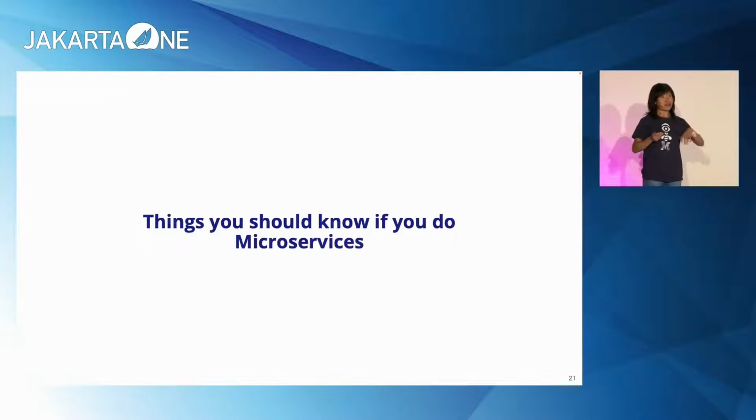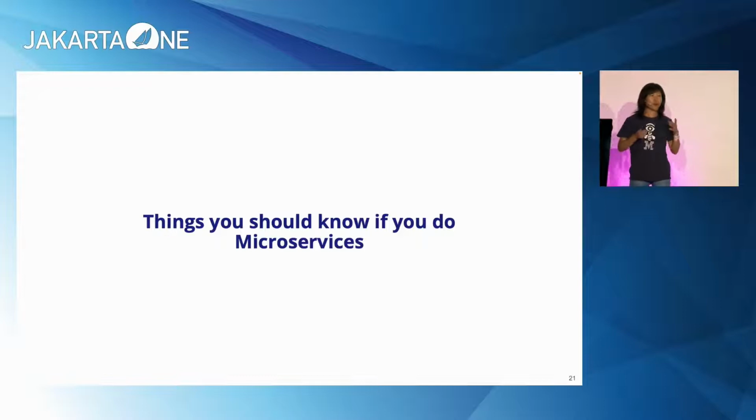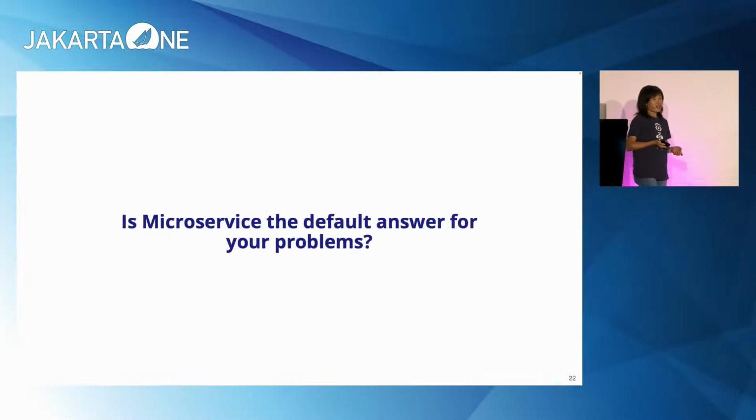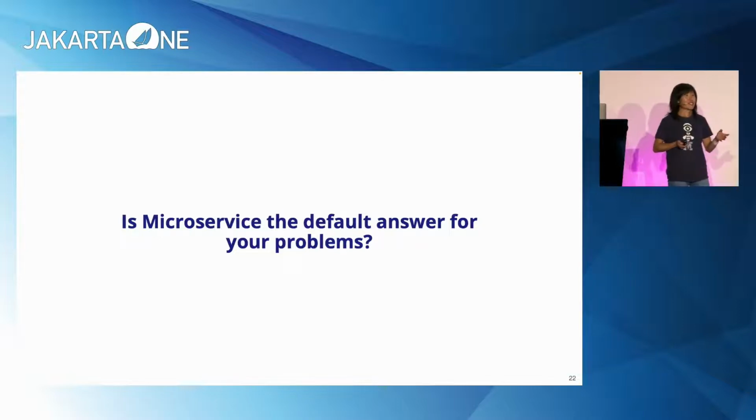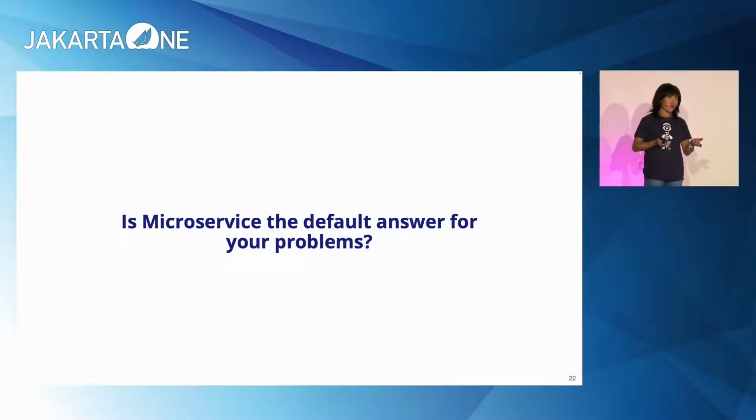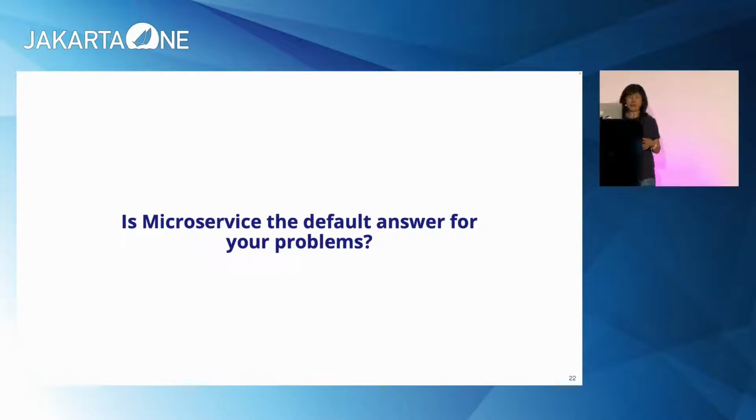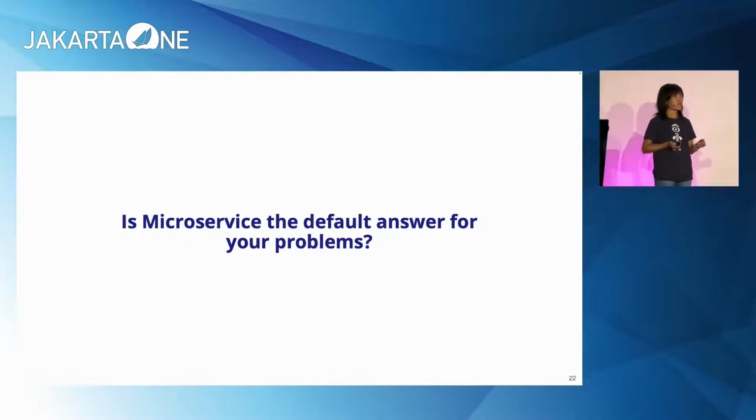By now you roughly understand microservices. What kind of things should you know if you do microservices? Is microservice the default answer for your problems? When you have a problem, you say, okay, I have a problem with my monolith. Somehow the monitoring is not doing well. I can't figure out what's wrong if something is wrong.